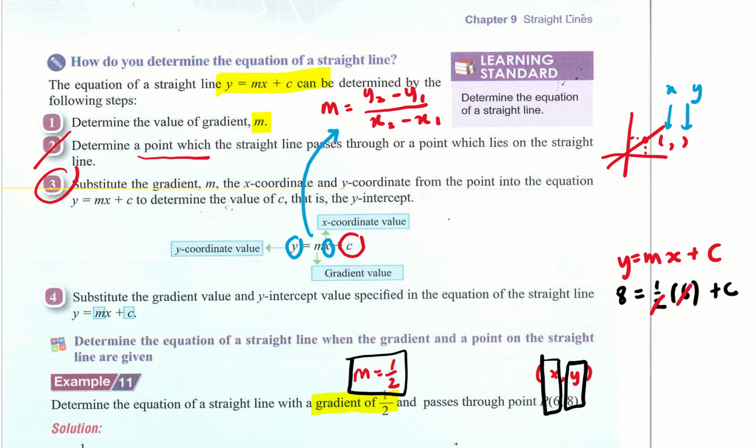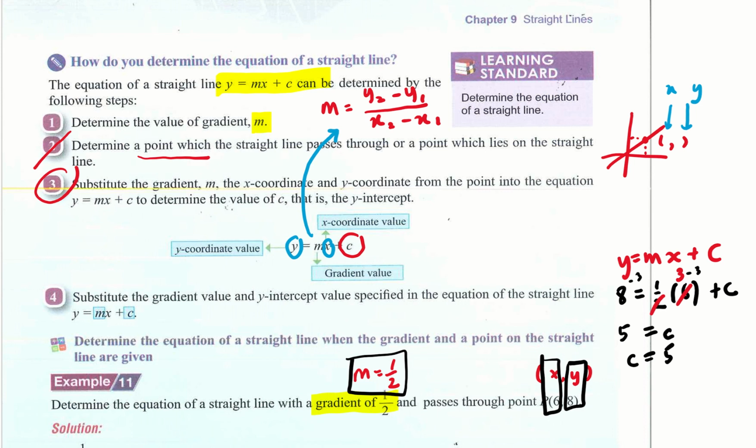Simplify 6 over 2, it becomes 3. So finally our c here is 5, because I eliminate 3, so 8 minus 3 equals 5. So my c is 5.